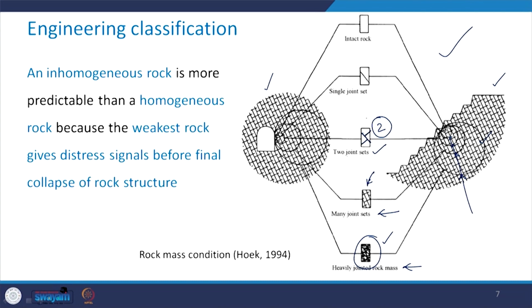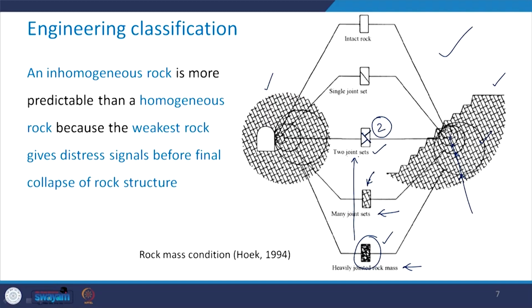So you see it is the same rock mass, but I am reducing the sample size in this direction, and therefore the number of discontinuities occurring in the specimen also reduces. You further reduce the size of the circle. What will happen?